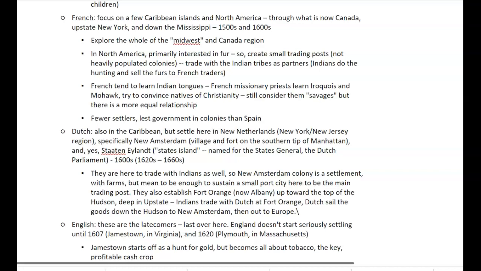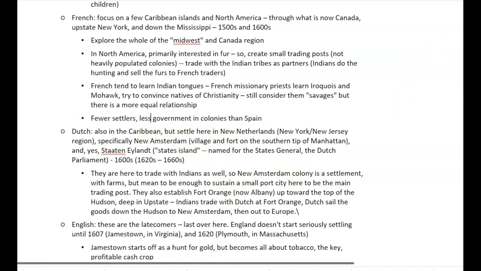The French still considered the Native Americans savages, but there's a much more equal relationship going on here. The French had a big chunk of property in the New World. Again, I'll show you a map in a couple of minutes. But they had far fewer settlers and less government, I should say, in the colonies than the Spanish did.